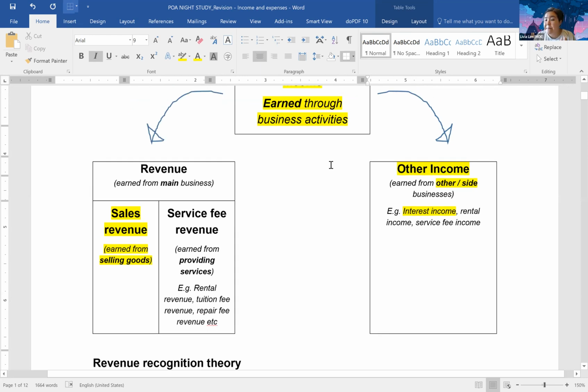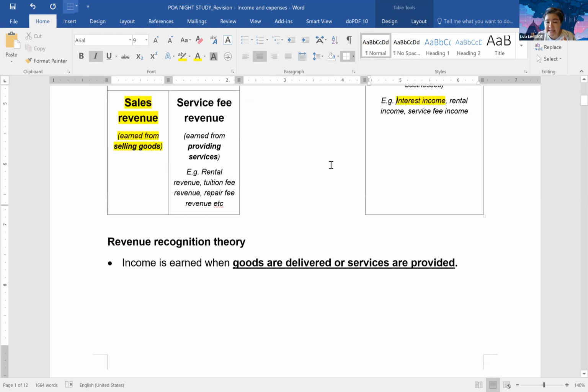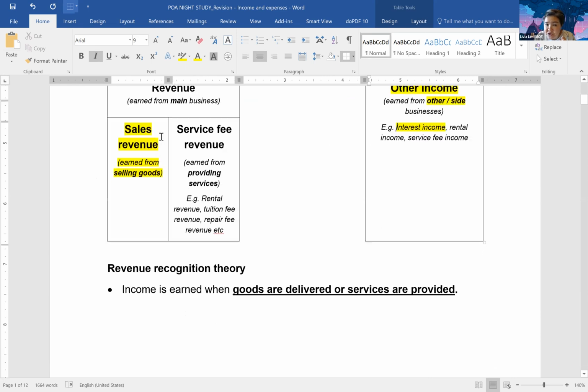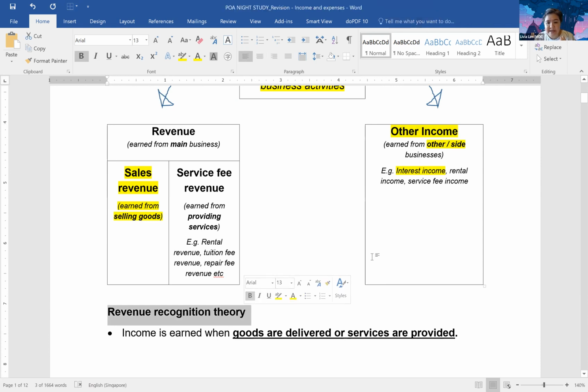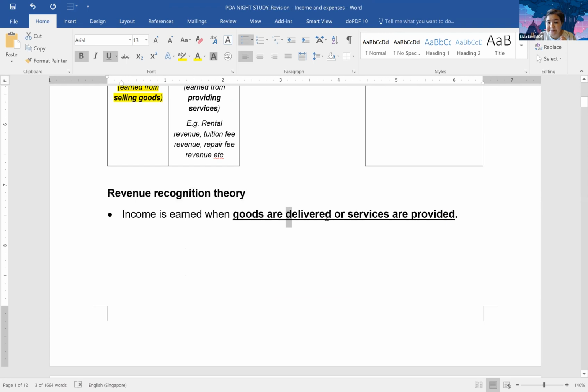All right, but whatever it is, all these revenue and income have to follow the revenue recognition theory. The revenue recognition theory tells you that you only earn your income when the goods are delivered or when your services are provided. And this is critical.